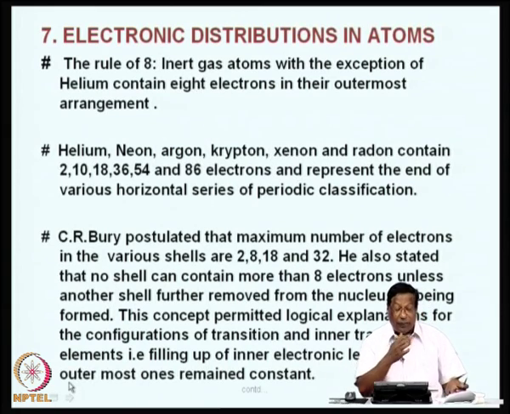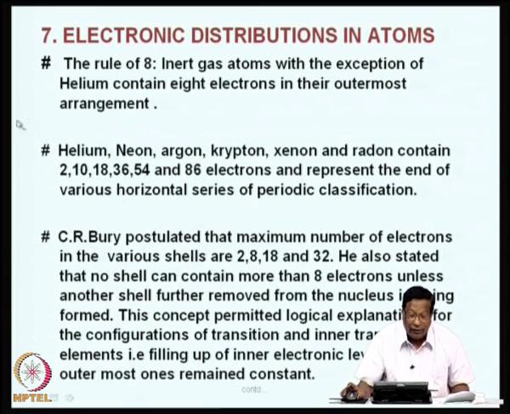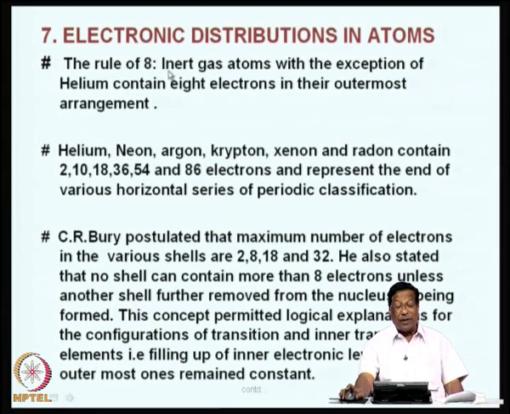Electronic distributions of atoms: if we continue our discussion, there are about another 3 concepts which are very important for us to understand. One is the rule of 8, that means inert gas atoms, with the exception of helium, contain 8 electrons in their outermost orbit. What are such elements?